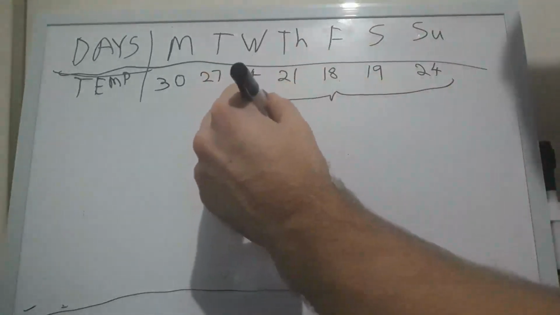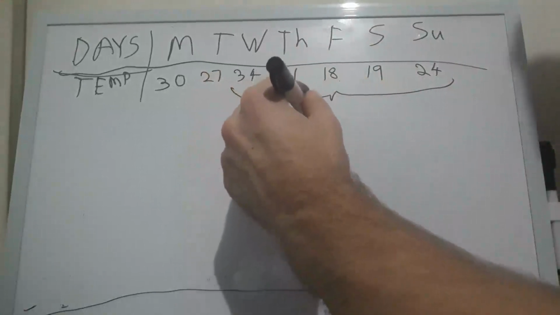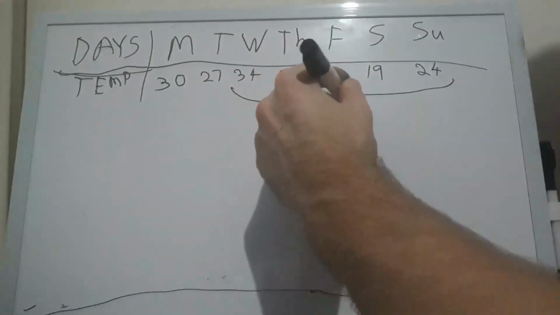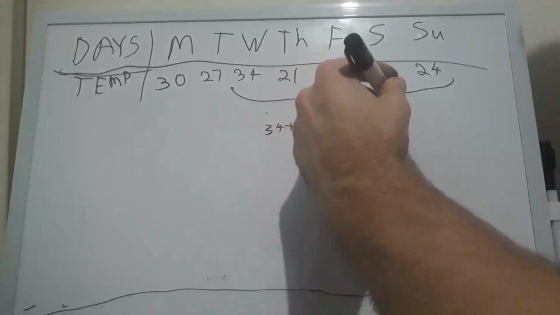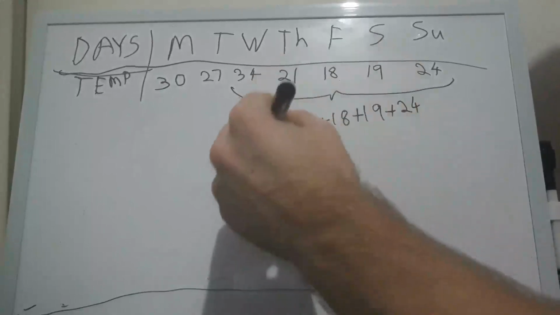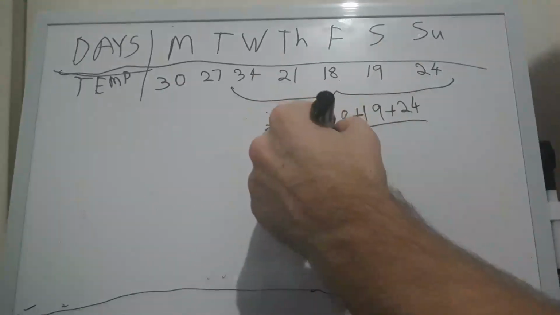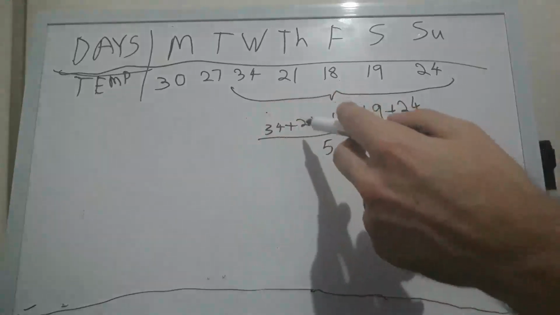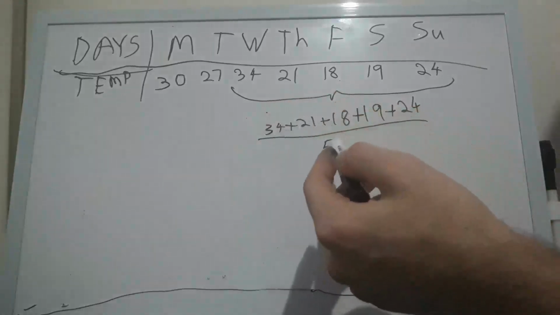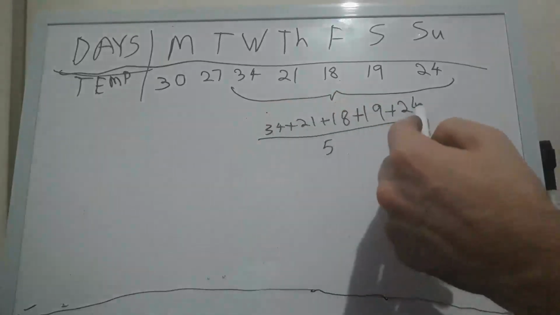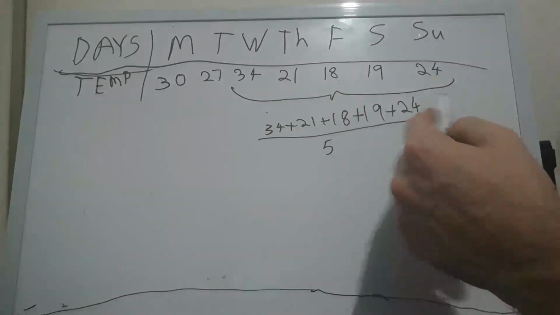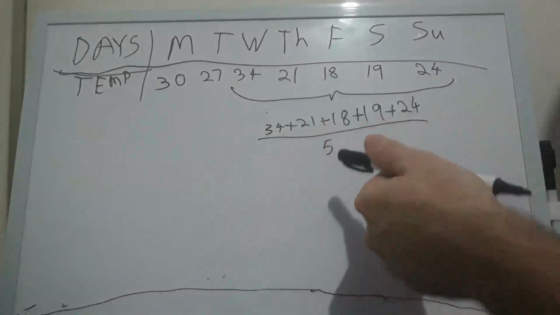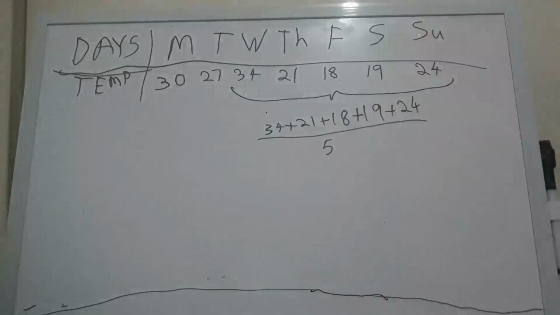So you do 34 plus 21 plus 18 plus 19 plus 24, and divide that all by 5. In a CAS, you might just put the first line into the calculator, get your answer, and divide it by 5. I'm not going to spend all this time working that out; I'm sure you can plug it into a calculator. But that's 5 mean smoothing.